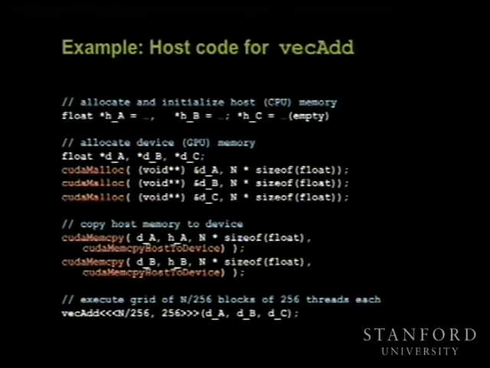And because cudaMemcpy isn't just from one place in the CPU's memory to another, you need to tell it explicitly what you want to do. So here you need to tell it, hey, this memory is on the host, on the CPU side, and I'm going to copy it to the GPU, which we call copy to device.